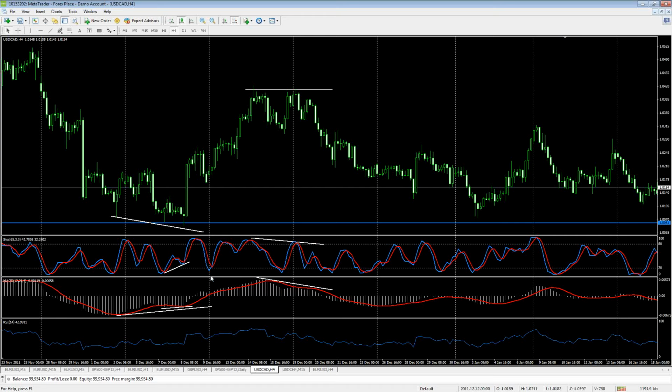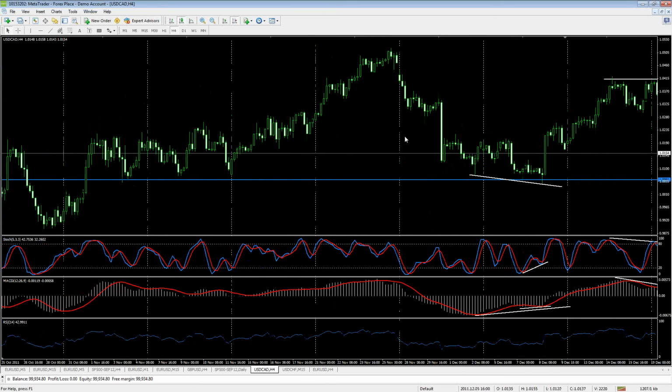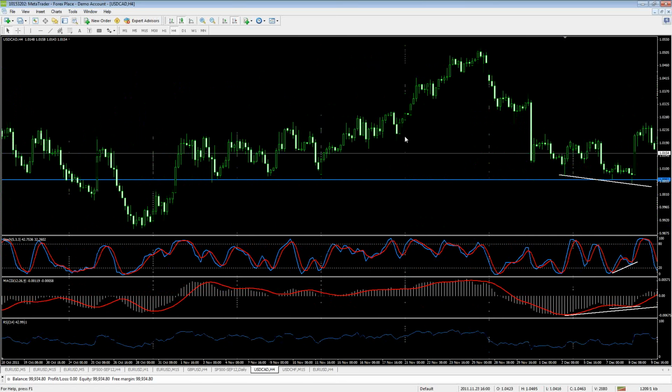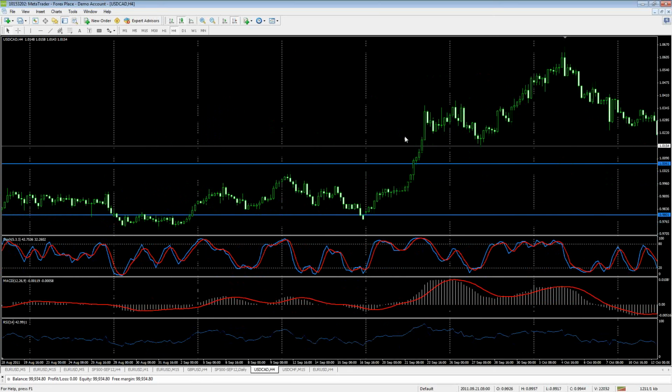I was looking, and like I said, it doesn't happen a lot, but when it does happen, these patterns are very strong when you have a second divergence. So you have 1, 2, 3 lows, and you have first divergence between the first two lows, and the second divergence between the second and the third low, or the second and the third high. These patterns are more rare, but when they happen, they can give you really strong moves.